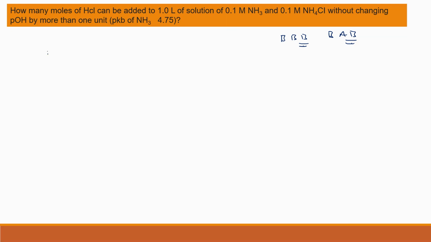Okay, so now pOH is equal to what? So pOH changes by 1 unit, they say. Okay, now pOH is equal to pKb plus log salt by base.